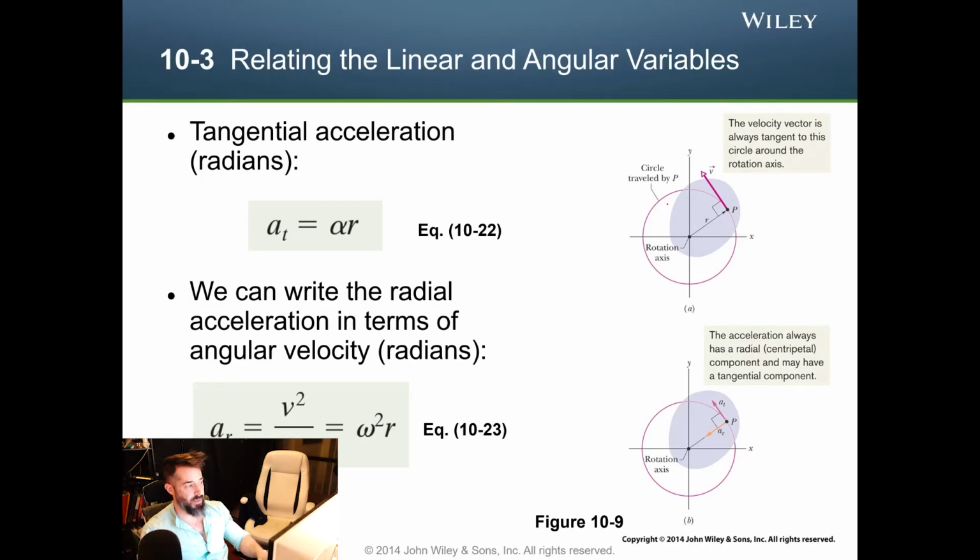Okay, tangential accelerations. We kind of went over this a little bit before. Here is a tangential velocity. So I'm drawing it up here, and you can see it's always perpendicular to the, in this case, the rotation axis and the radius going outward. Like I said, we did some stuff with this before.